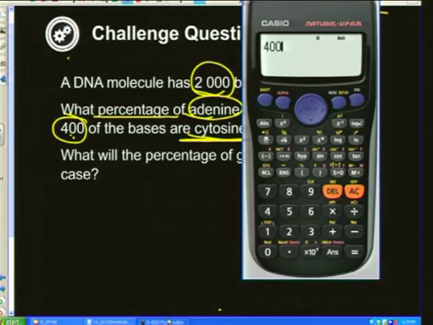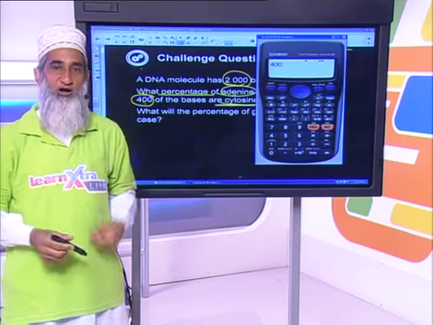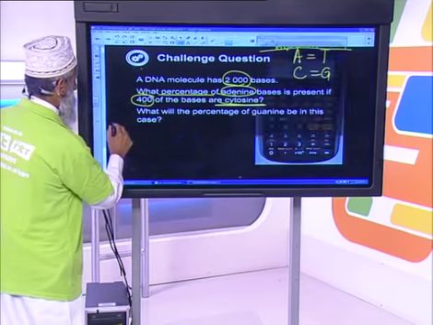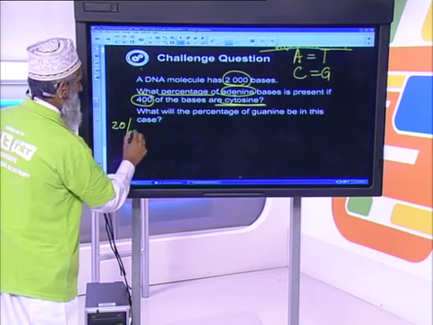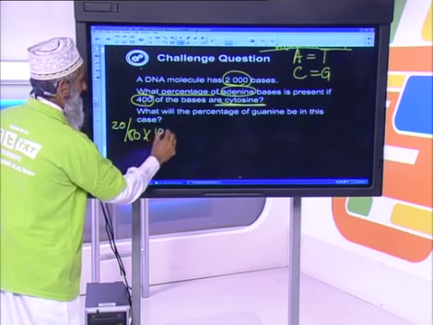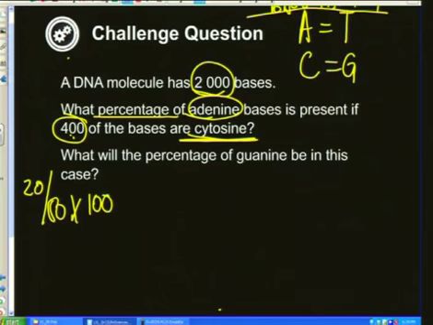If you got a test and you got 20 out of 50, how do you work out your percentage? You say 20 over 50 times 100 to give you a percentage. You're going to use your calculator. You're not going to do all of that. You're going to press the percentage button. So 20 over 50 times 100, in this case it's very easy, is equal to 40%. So that's what we're doing here.